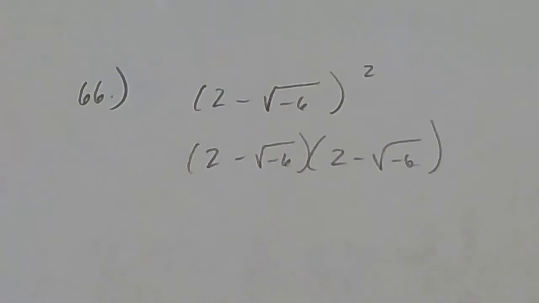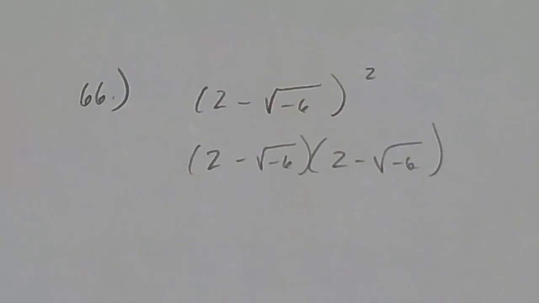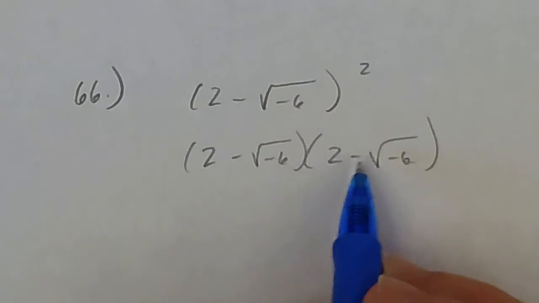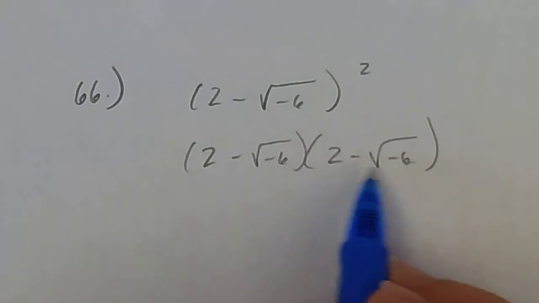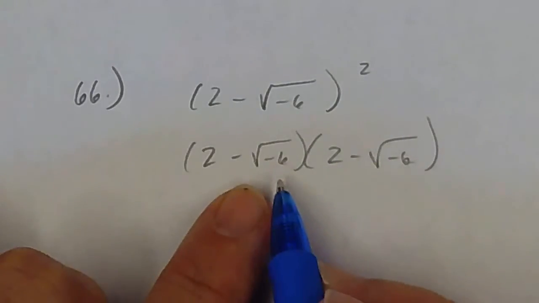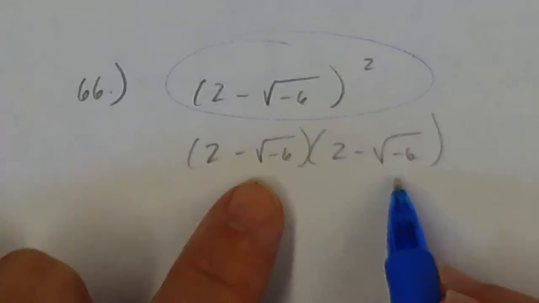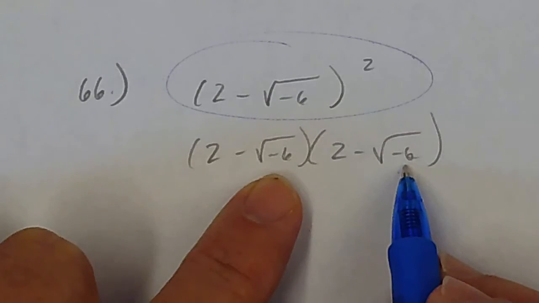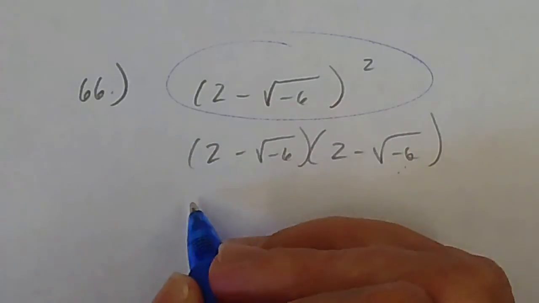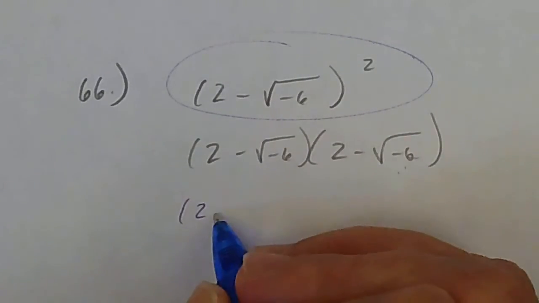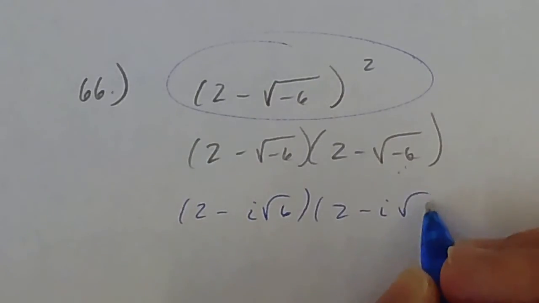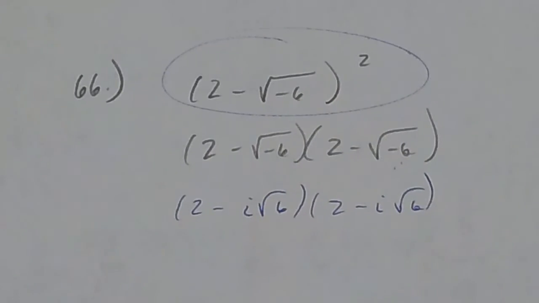66 is also kind of a tougher one, which I want to talk about too. Remember, we kind of covered this today as well when we went through the OTI feedback. You can't multiply, this is how the problem starts, you can't multiply these together unless it's positive under the radical. So before I start multiplying this, I have to take care of that and write i square root of 6. i square root of 6. Okay, and now I can start FOILing this.